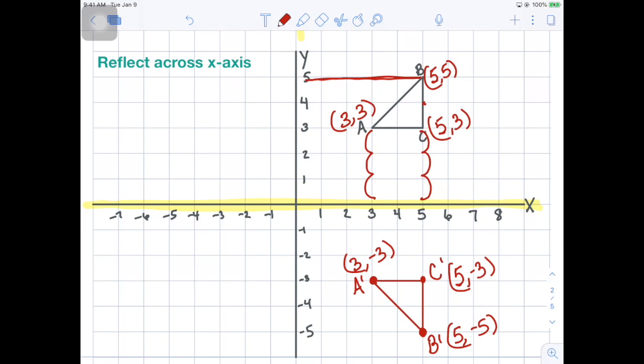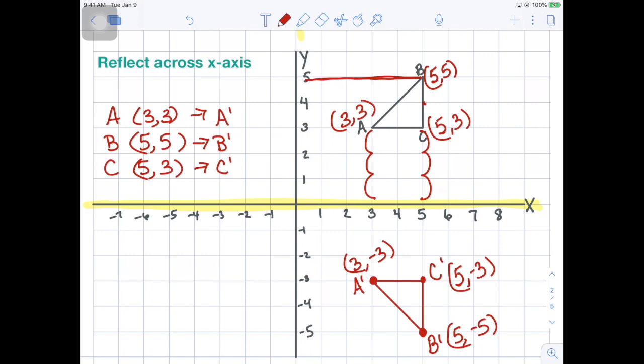So if we look at our original image, we had A was 3, 3, B was 5, 5, C was 5, 3, and now we moved them or reflected them. We did a movement, so our notation is now A prime, B prime, C prime, and our new coordinates are 3, -3, 5, -5, and C is 5, -3.